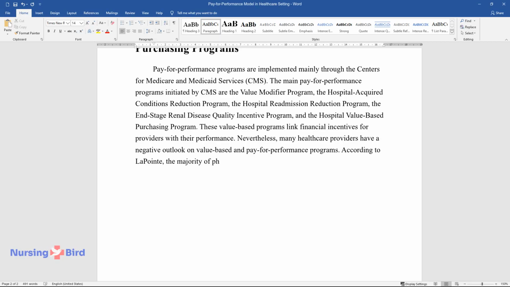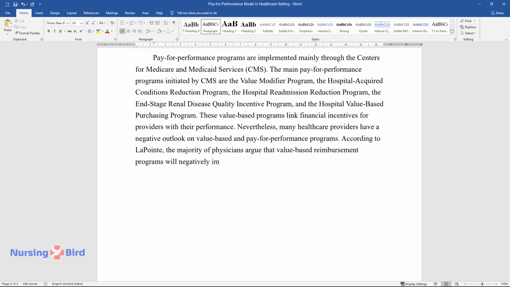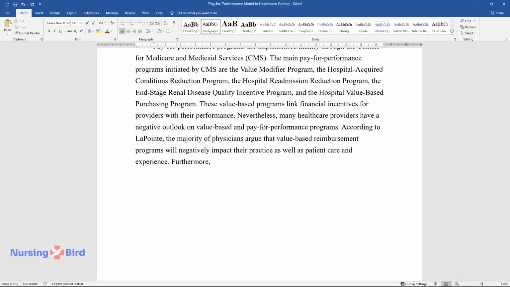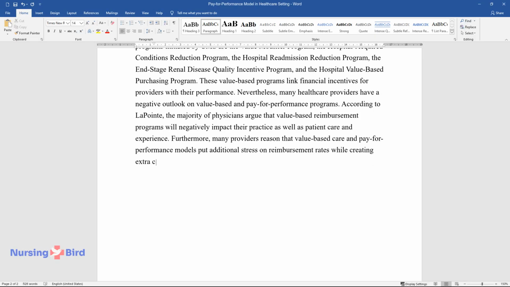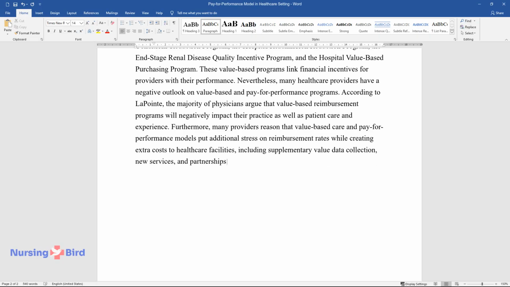According to LaPointe, the majority of physicians argue that value-based reimbursement programs will negatively impact their practice as well as patient care and experience. Furthermore, many providers reason that value-based care and pay-for-performance models put additional stress on reimbursement rates while creating extra costs to healthcare facilities, including supplementary value data collection, new services, and partnerships.